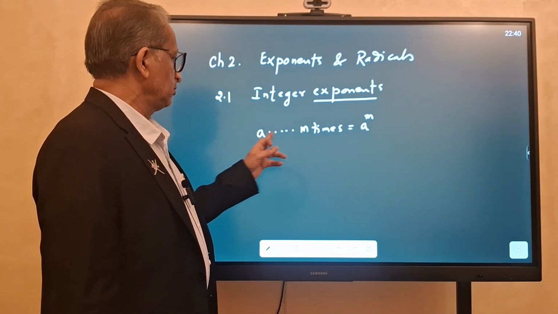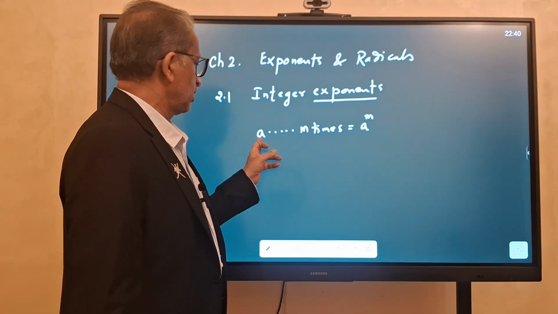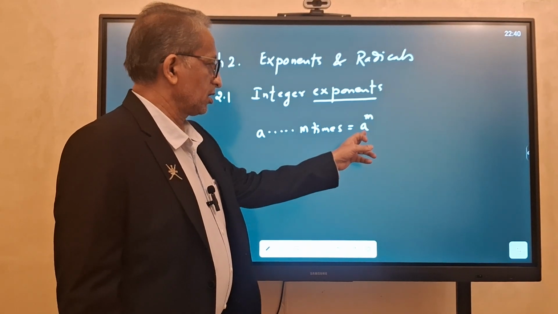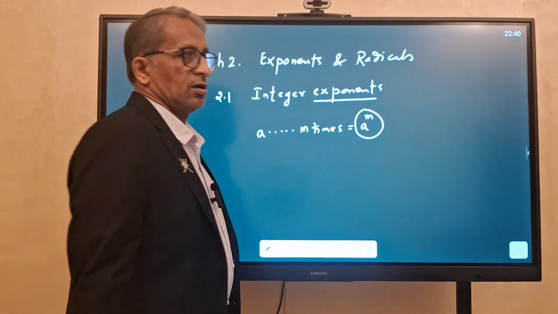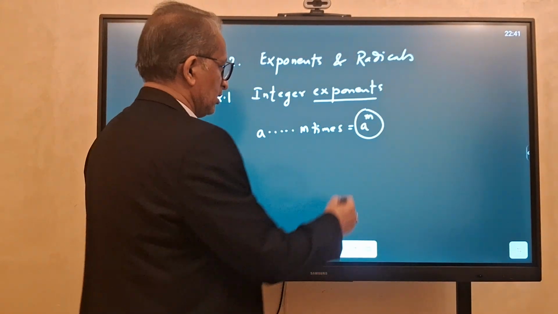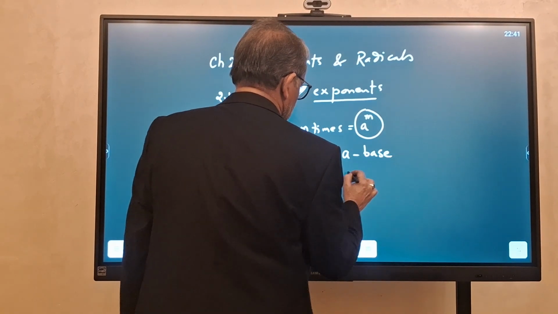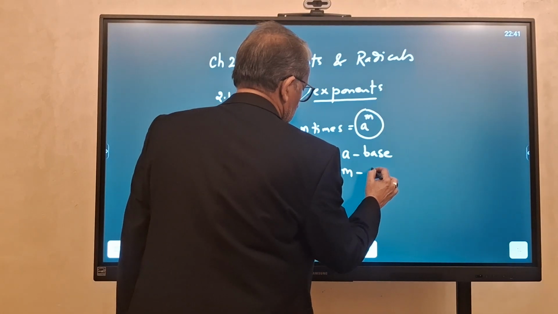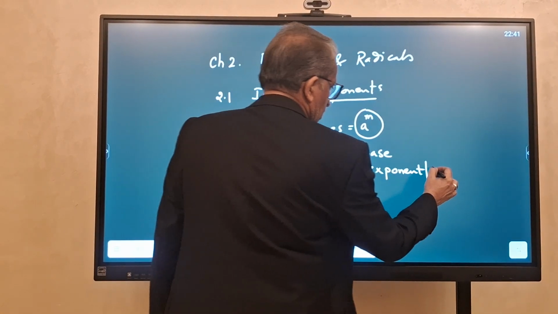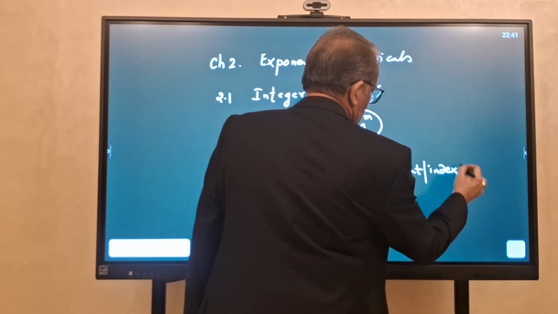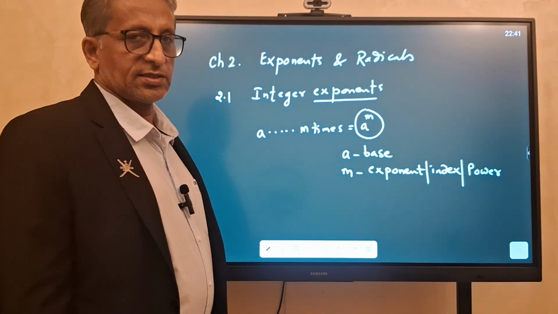So this m goes to the power and the number which we multiply comes to the base. This is called exponent or index number. And here a is called the base, m is called the exponent or index or power, all meaning the same.